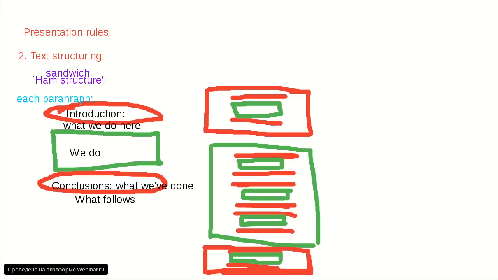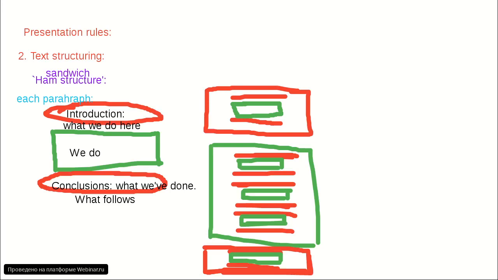So you just use the same structure on each stage, and the ratio oftentimes is more or less 1 to 3 to 1 or 1 to 5 to 1, not a very big difference in scales, not 1 to 10 or 1 to 20. 10 probably is still possible, but 20 is something.